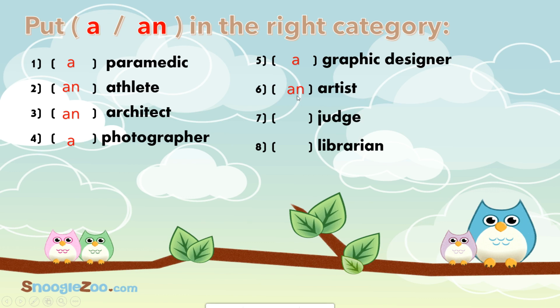Number 6, an artist. Okay, 7, we have judge. The J is not a vowel, so we're going to use a judge. 8, we have librarian. Is the L a vowel? No, it's not. So we're going to use a. So this is how to put a or an before the word. We put an when we have a vowel, all right?